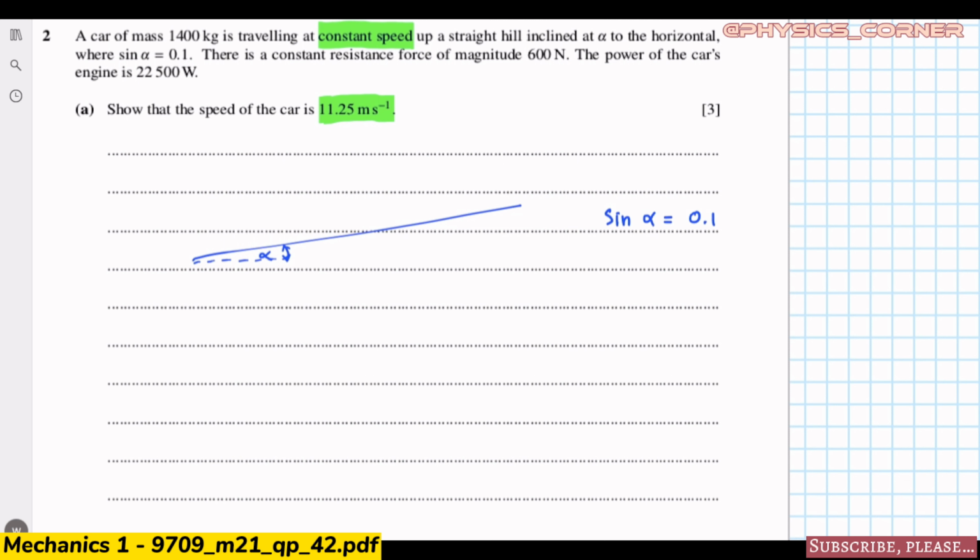Let's say this is the car. It has a mass of 1400 kilogram, and the resistance force has magnitude 600. The power of the car is given, and we need to find the speed of the car.